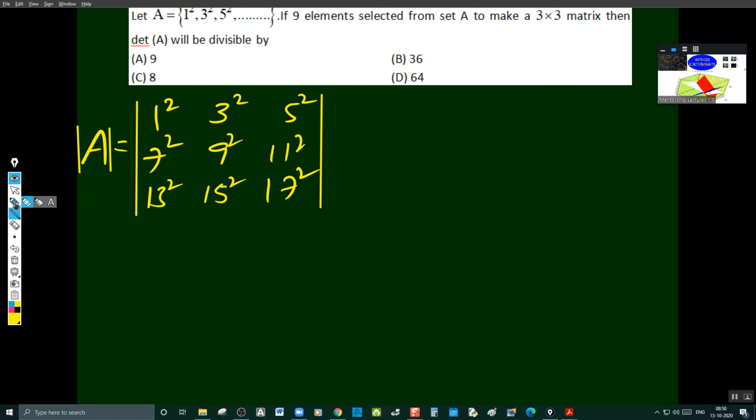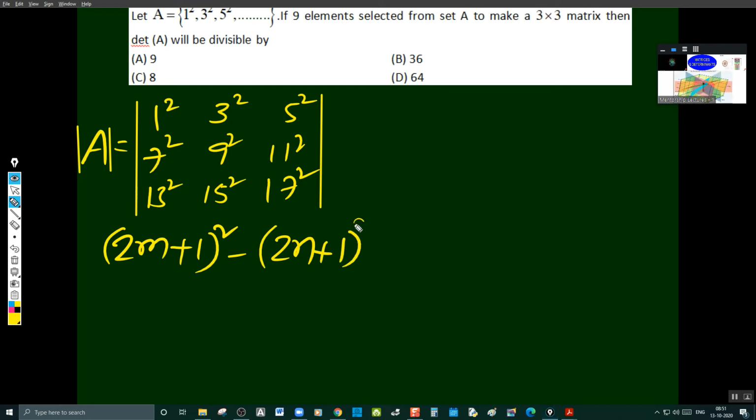So, what I'd like to tell you here, I'll be taking a form like this because it is an odd number. Let me consider 2m plus 1 whole square minus 2n plus 1 whole square, where m, n always belong to natural numbers, and it may be 0 also.